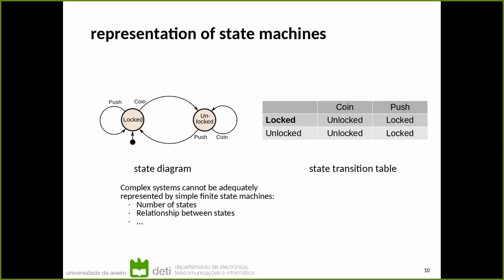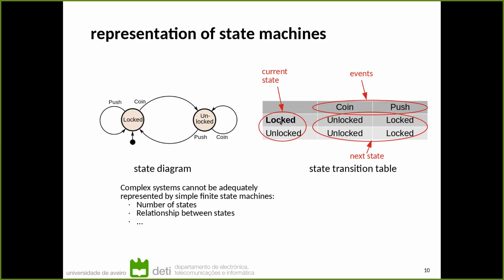The representation of these state machines can be either by the diagrams that we have seen, or we can use what's called the state transition table. This is a table where I have one line for each current state and one column for each possible event. Then here I have the next state based on the current state and the event that has occurred.